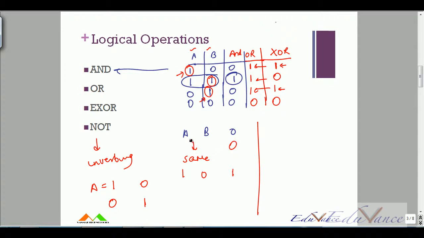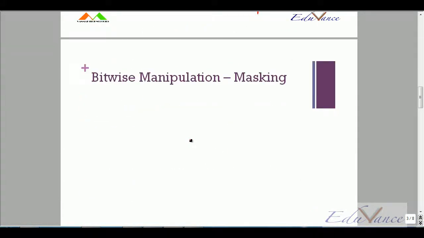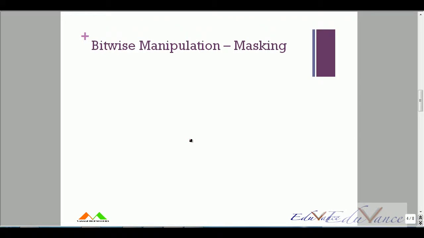This is important for us to understand, because now we'll see how to manipulate bitwise with a concept called masking. Suppose I have a number A, which is 8 bits or 1 byte.